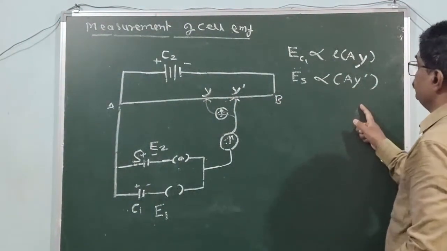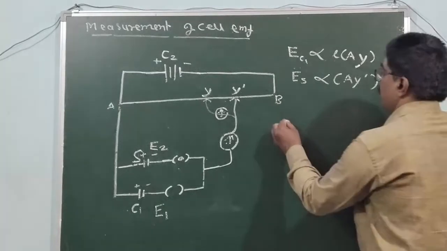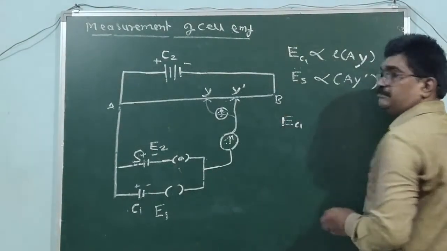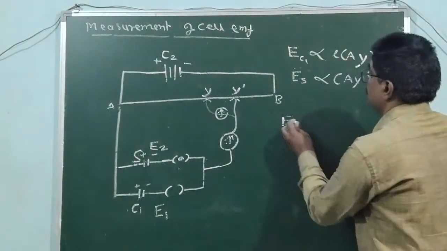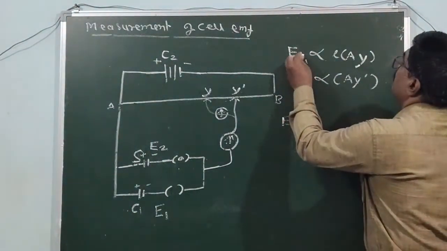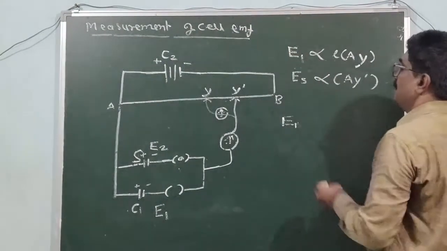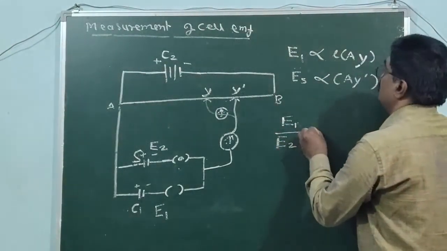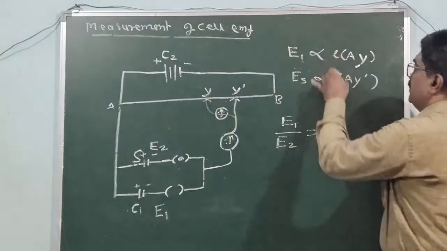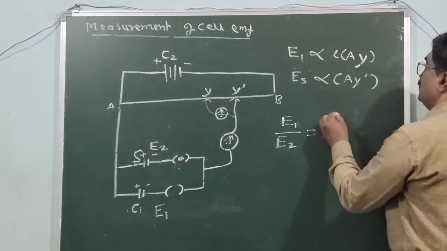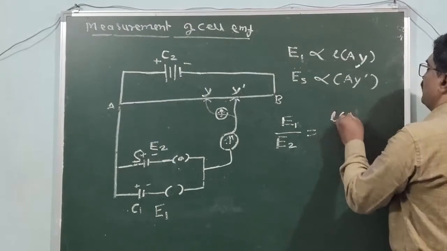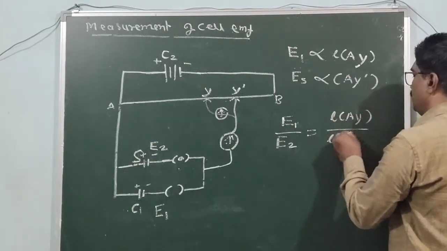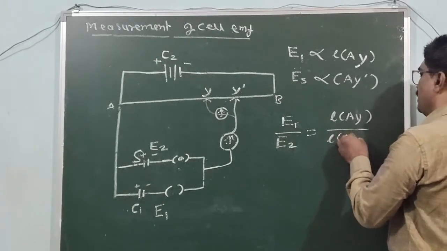Now if we solve this, then we get the EMF of cell C1, E1, upon E2 will be equal to, if we divide this, length AY upon length AY prime.